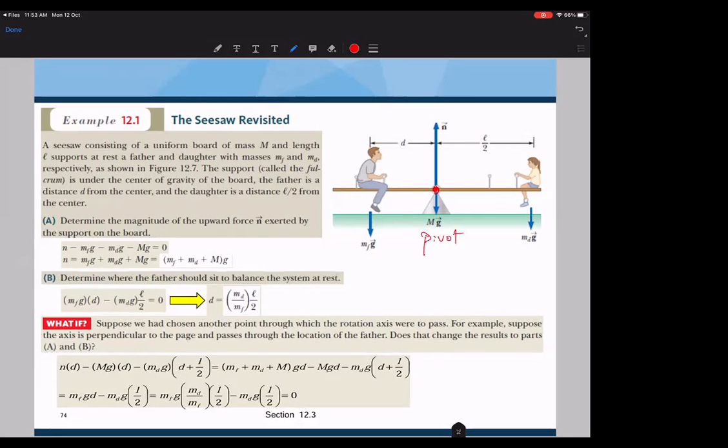And here you have two persons sitting on the opposite sides of the seesaw. The masses of various parts are given. And the support, here we call it the fulcrum.